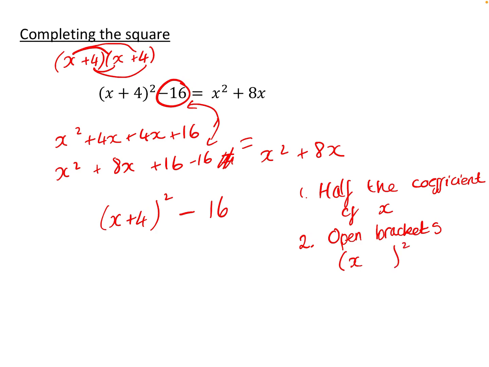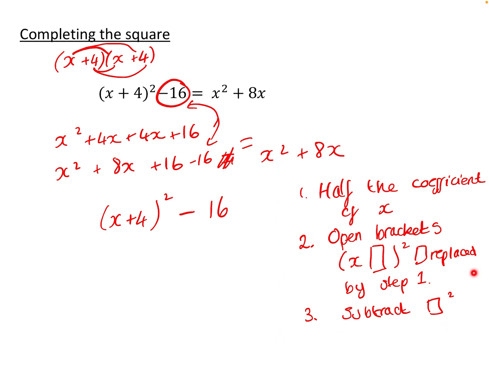This number here is, so the square is replaced by step 1. Then subtract the square squared. Okay, can you please write down these steps? And in a moment I'll go through another example, just simply following the steps to show you how we go from a general quadratic into a completed square form.